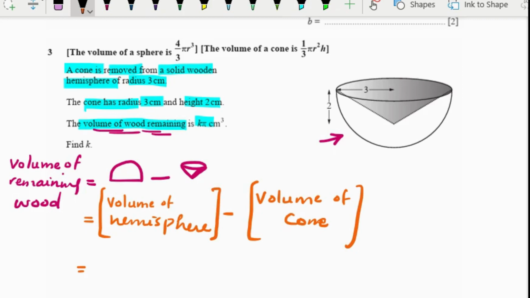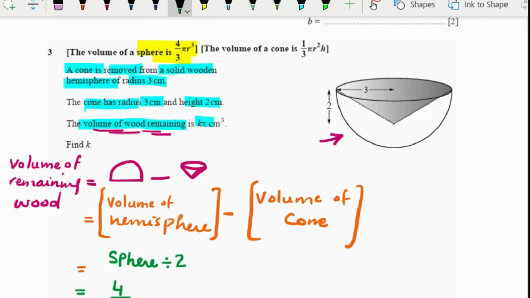Okay, what is the formula of hemisphere? Go back to the question statement. The volume of sphere is given, so hemi means half of it, right? Whatever the formula of sphere is, you can just do half of it.